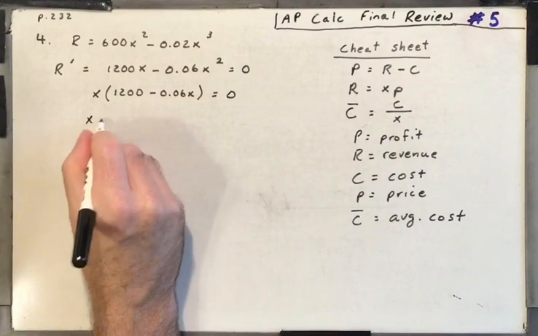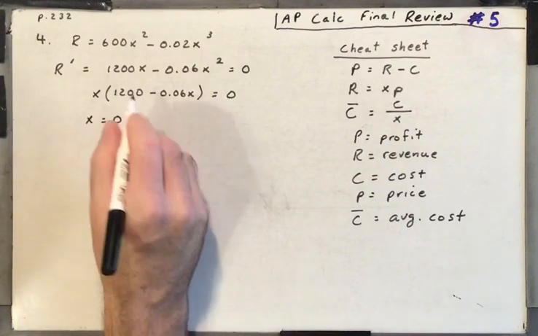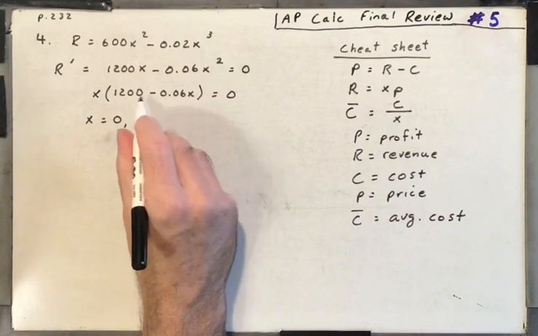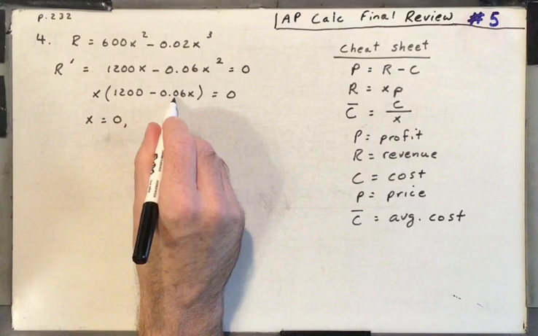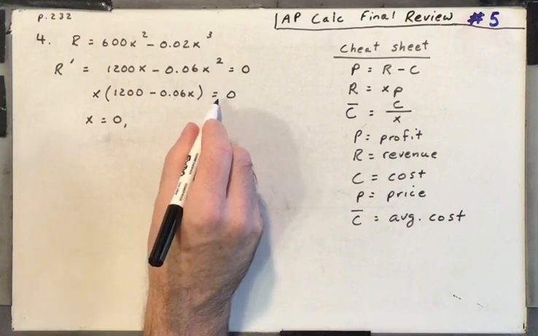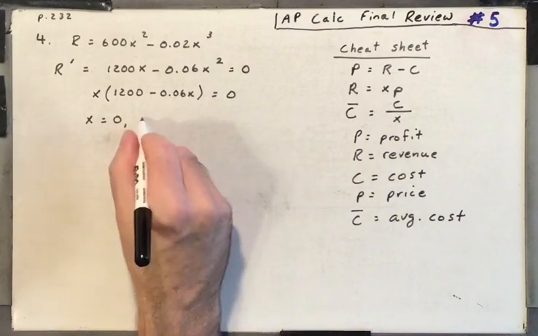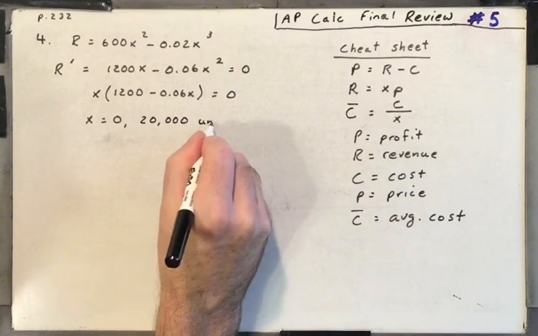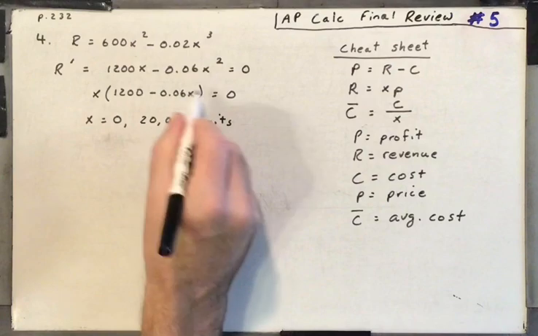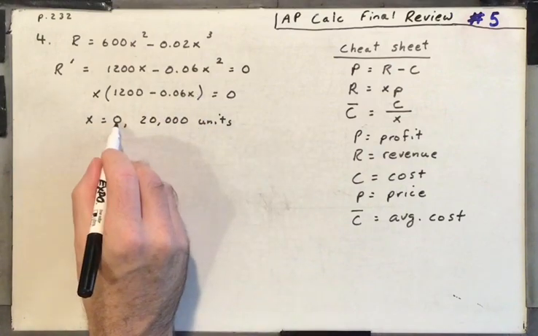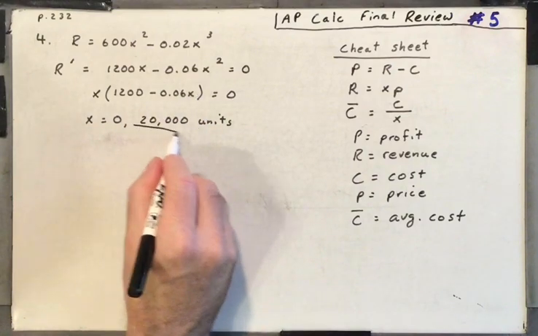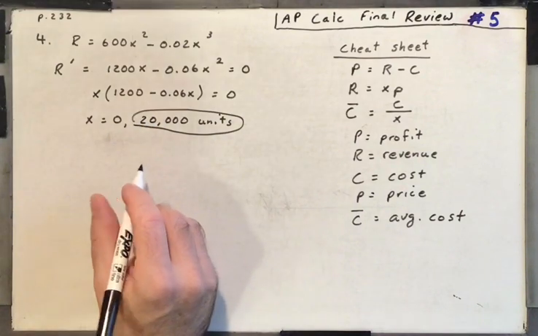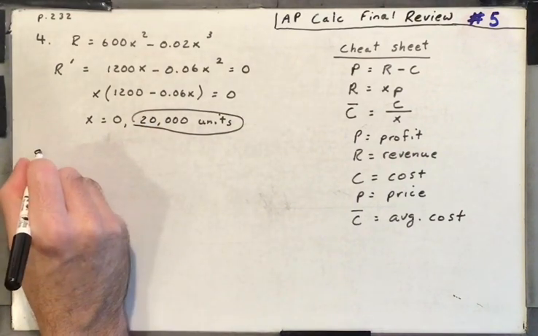So x is going to be 0, but that would not give us a maximum revenue. But if we set 1200 minus 0.06x equal to 0, then x would be 20,000. These critical points that we're finding can give you maxes and mins, and your min would be 0, and max is 20,000. All right, let's work number 8.